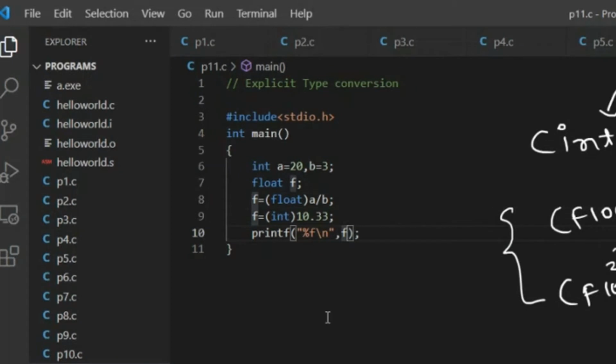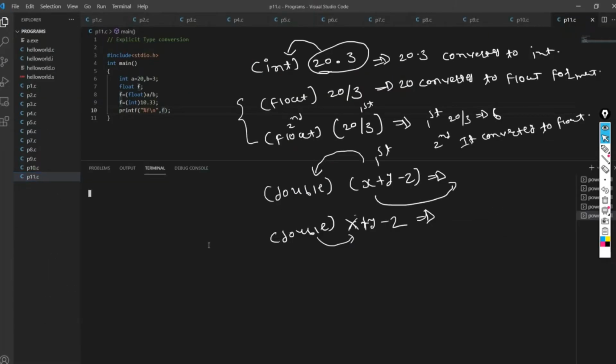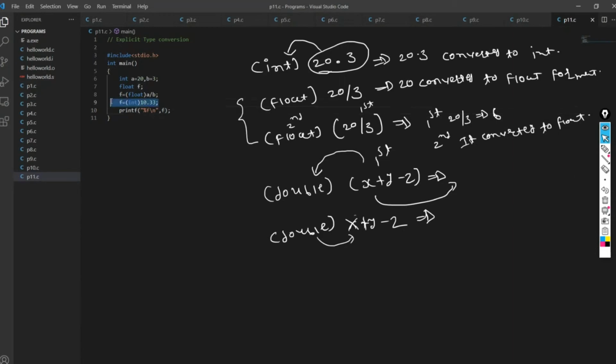Now I am printing f. My output is 10 because I have converted 10.3 into the form of integer. So as per requirement and situation, we have to use this explicit type conversion.